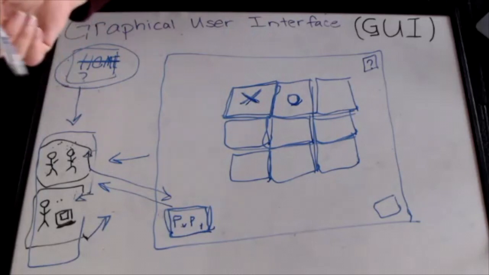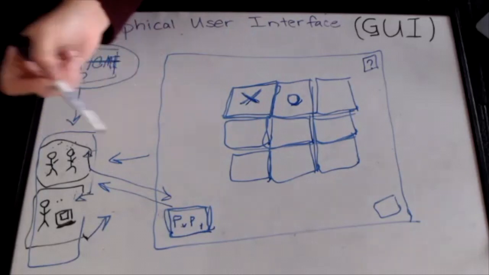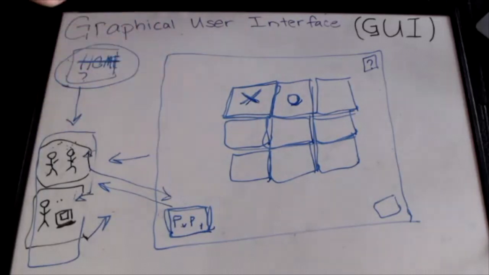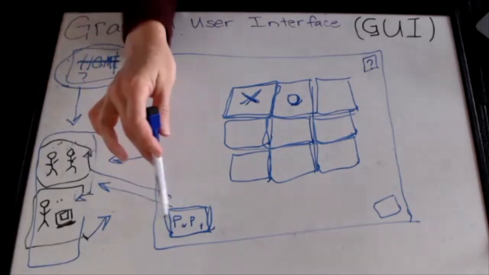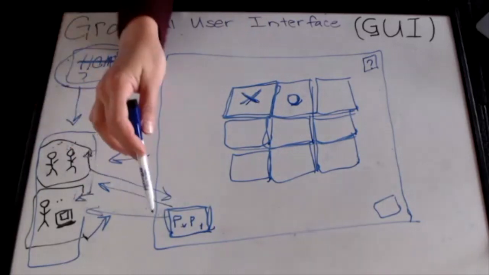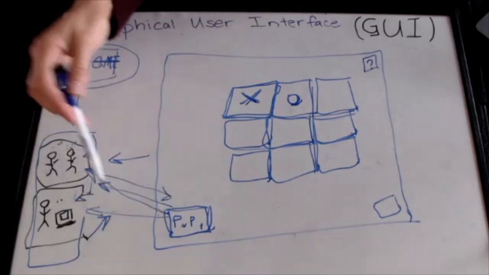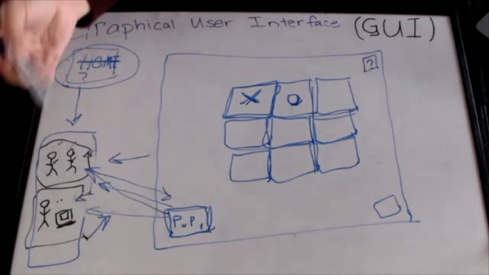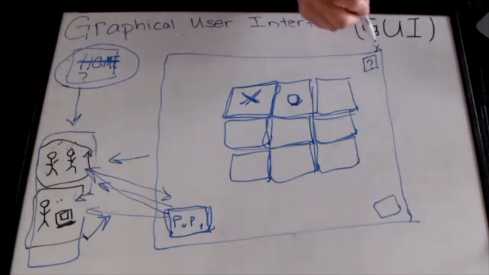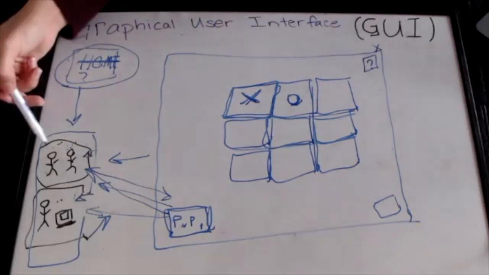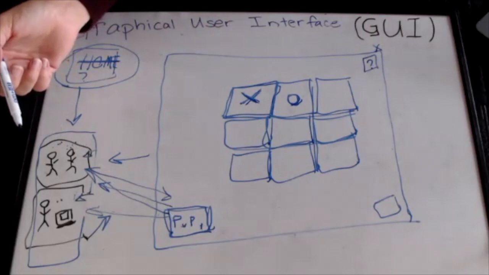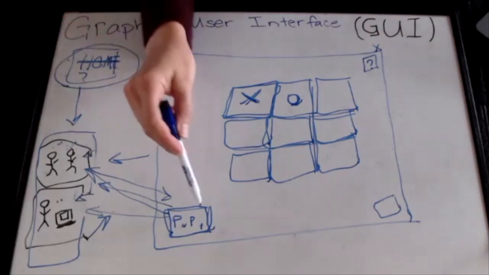So if I have two people swapping out and they want to change the stats, it'd be nice to have that button there. Or if somebody's sitting there playing against the computer and someone comes along and they want to join them in, it might be nice to have a button there. I can always assume that they can just close out of the whole thing and then rerun the program from the beginning. It's not that big of a deal. It's not that important. But again, it's a decision I'm going to have to make.